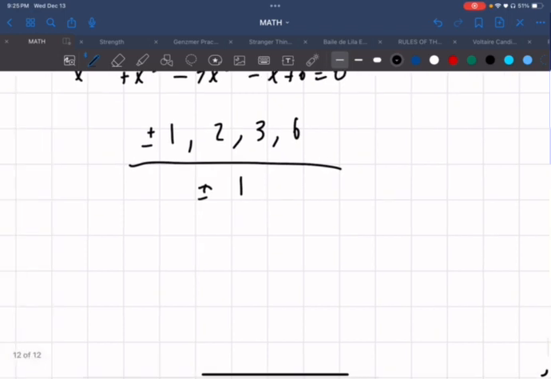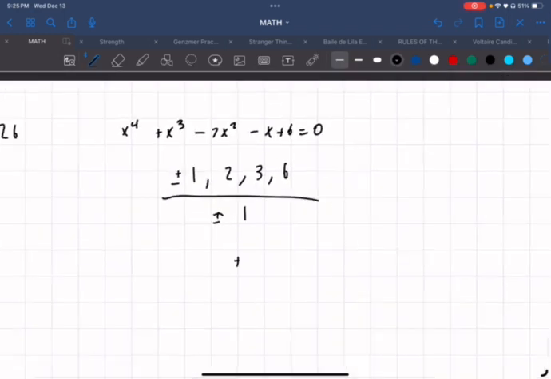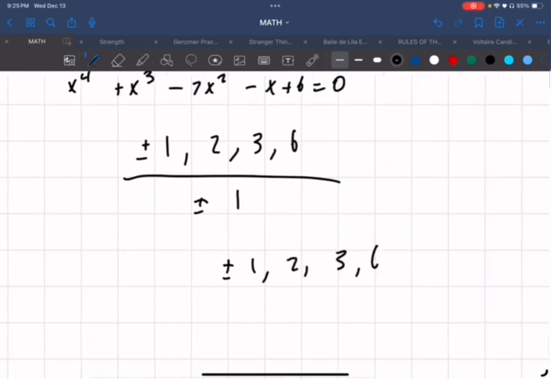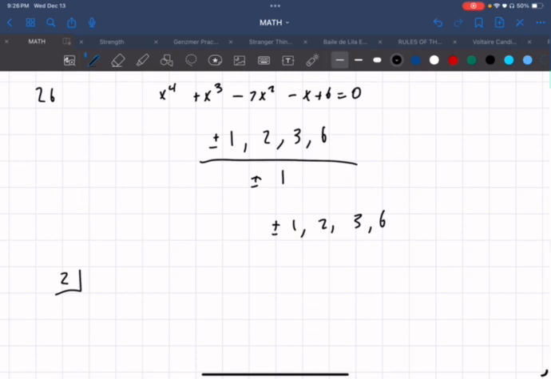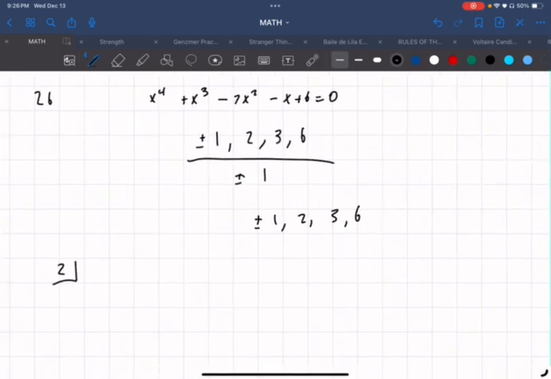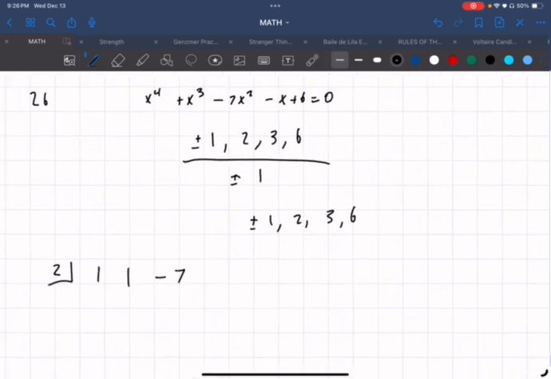Okay, so first we would do. It's literally just 1 plus or minus 1, 2, 3, 6. So let's try positive 2. And then let's investigate. So 3, 2, 1, all the degrees are there. So 1, 1, negative 7.